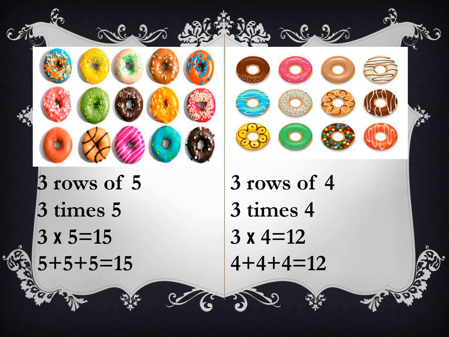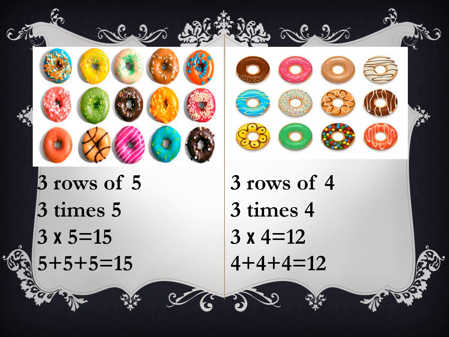Now look at the first array and count the number of rows and columns. Can you tell me how many rows do you see? Excellent! We have 3 rows. Can you count the number of columns or how many donuts in each row? Amazing!